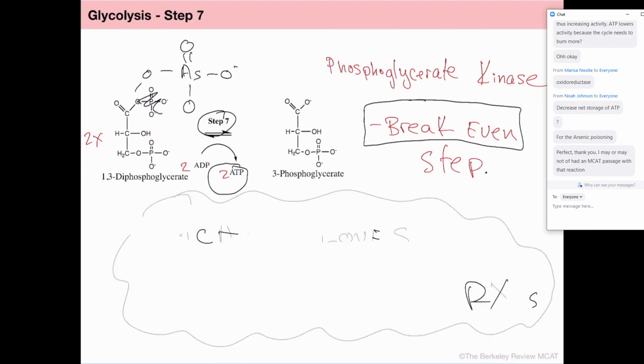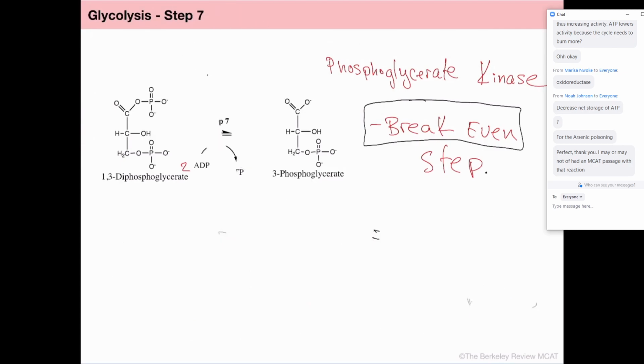Let's erase this real quick. Again, this will make more sense. There's another reaction that bypasses phosphoglycerate kinase, so there's a reaction that can bypass step 7 in glycolysis. It can take 1,3-diphosphoglycerate and turn it into 2,3-BPG, which is essentially just taking this phosphate group here and moving it down to here.